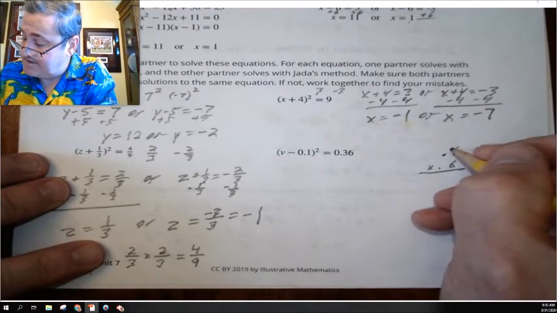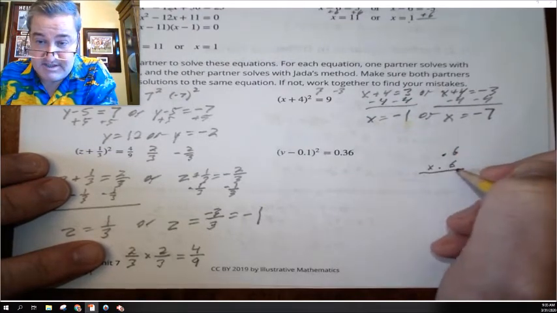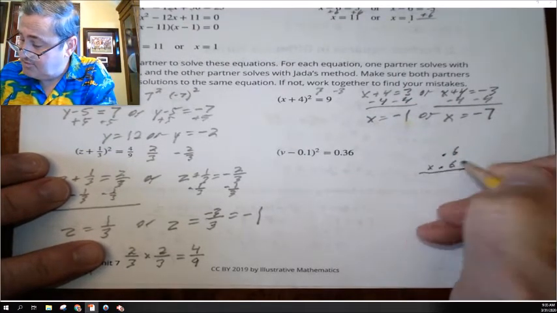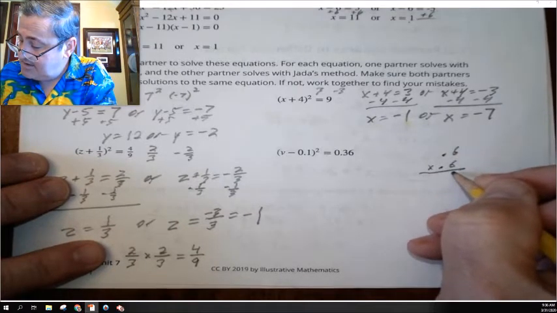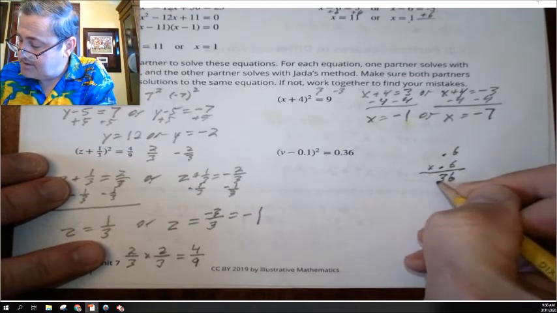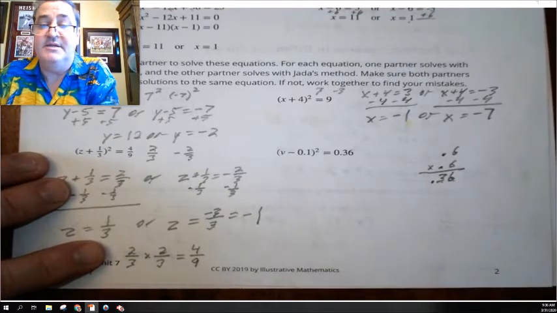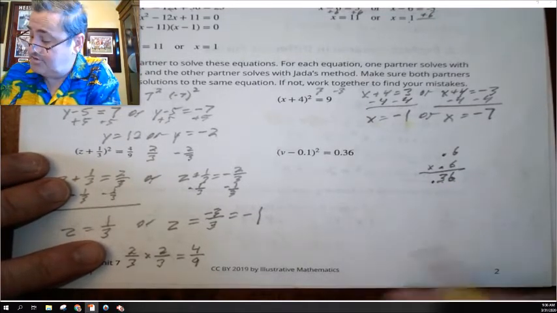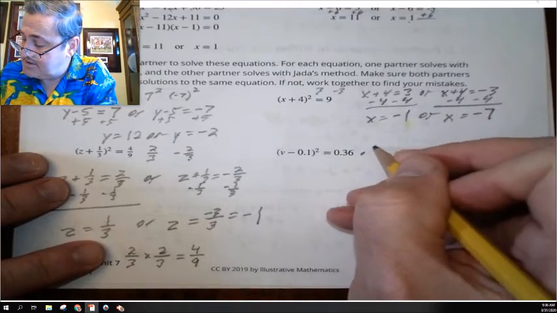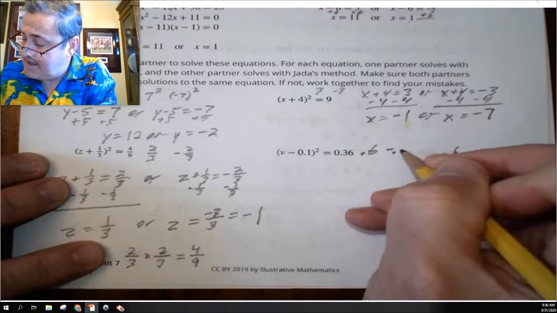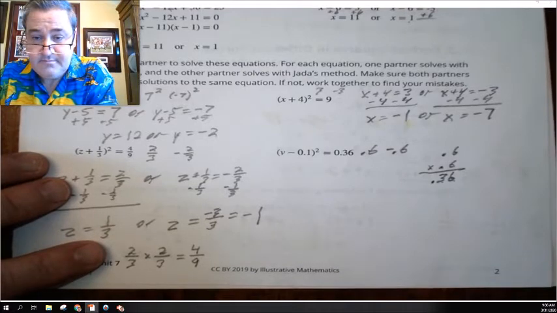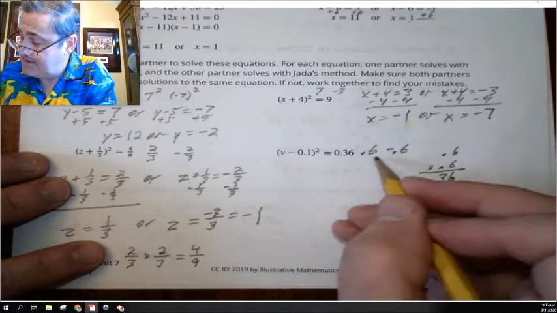We've got to figure out, is it 0.6? Is it just the 6? So knowing the rules of that, 6 times 6 is 36. And since there's 2 decimals, we've got to move 2 decimal points, 0.36. All right, 2 decimal points. So this is either 0.6 or it's negative 0.6. We have 2 answers, so don't forget the negative.